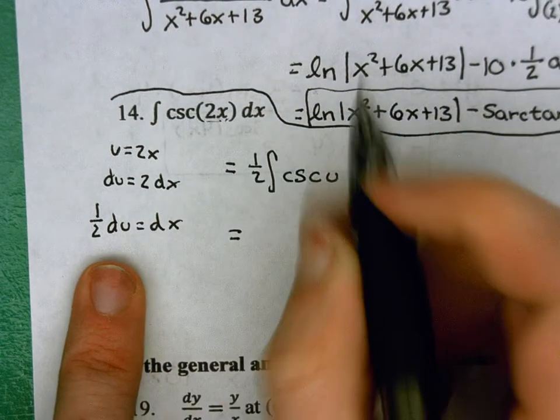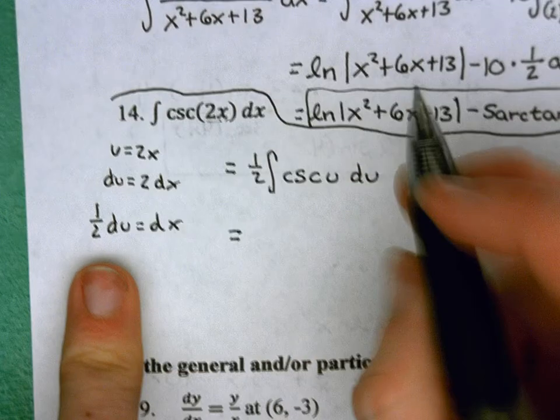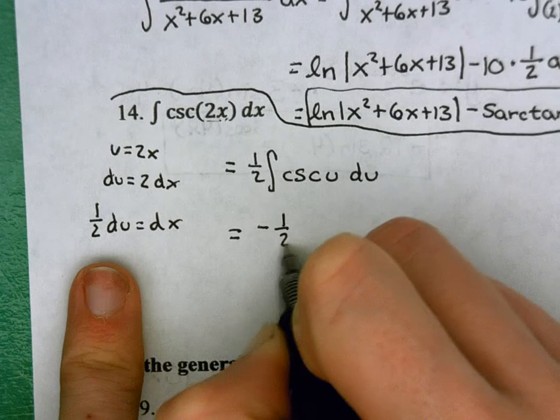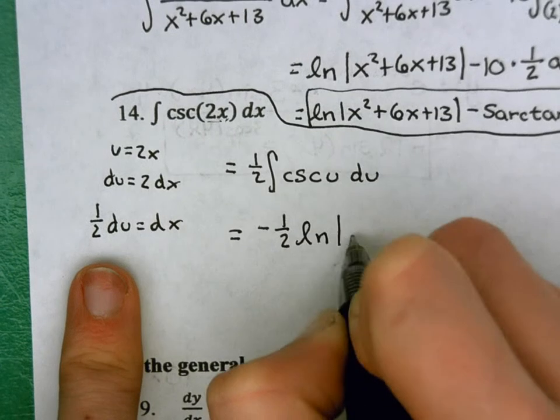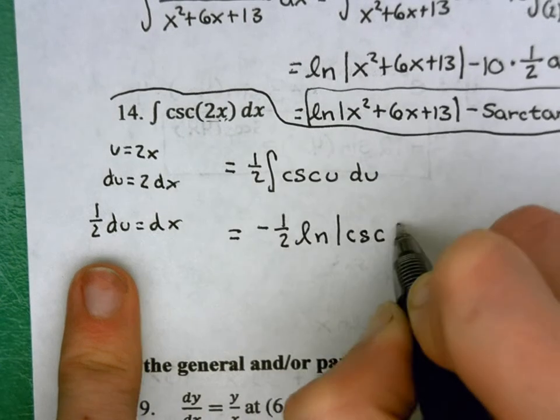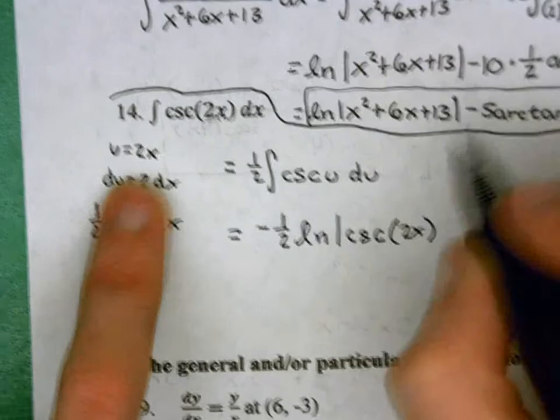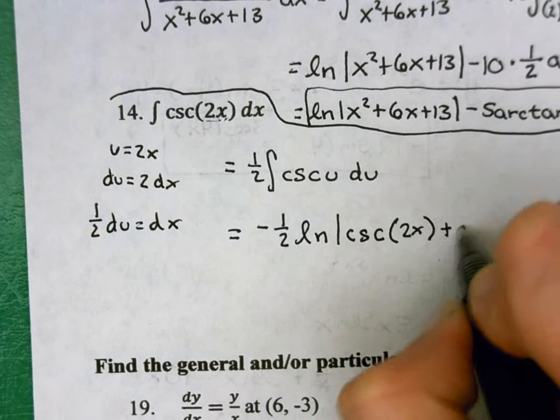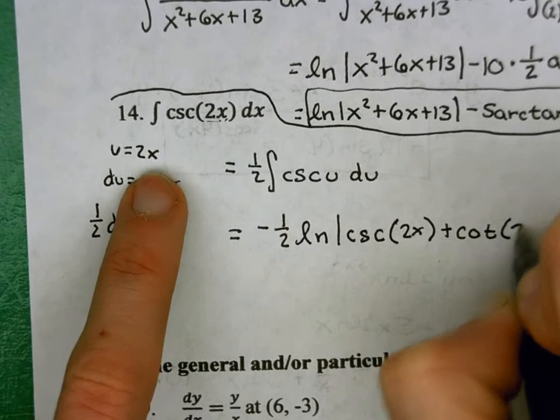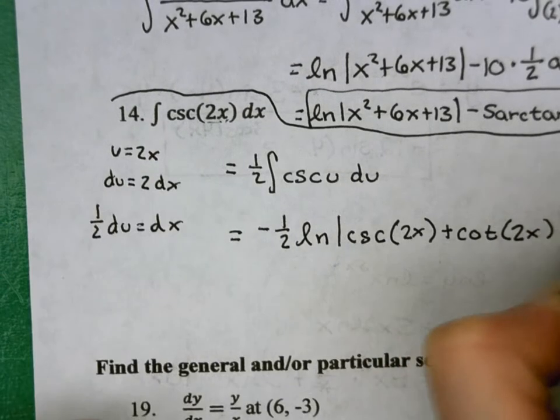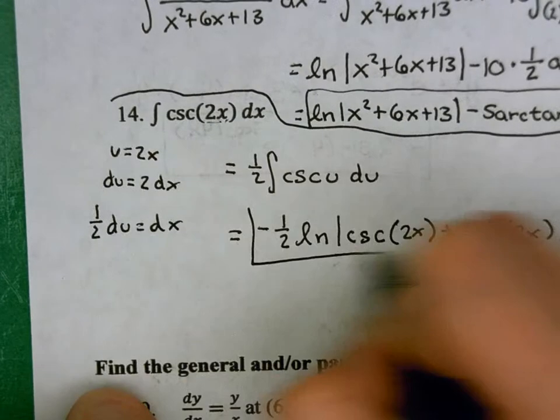My rule says integral of cosecant u is negative natural log of cosecant u, which is 2x, plus cotangent u, which again is 2x, plus c.